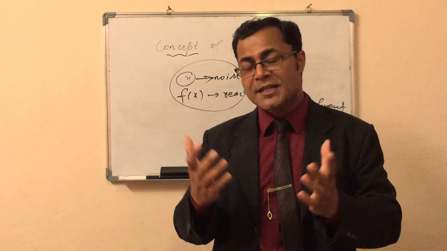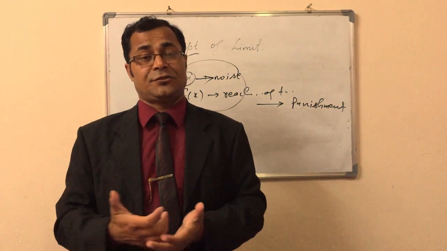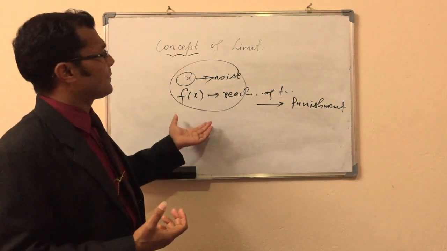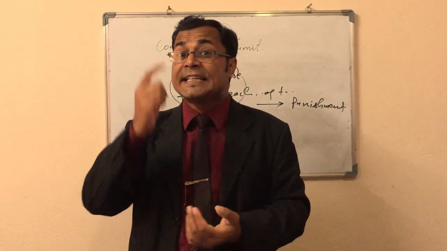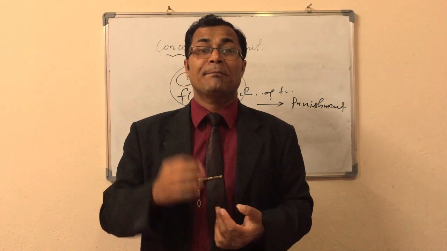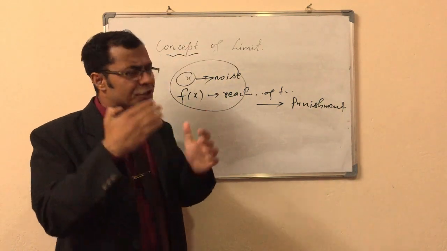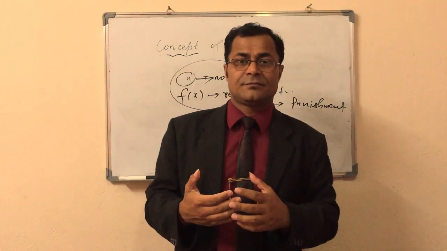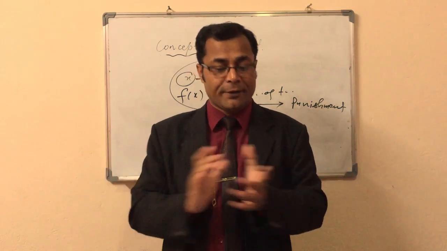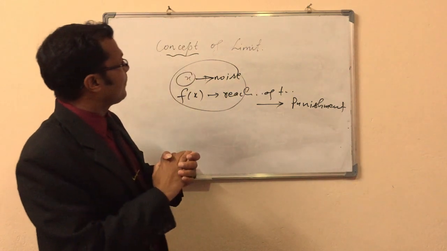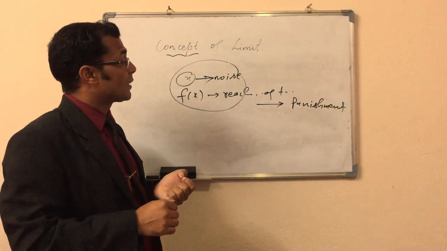So you can imagine, without limit, nothing exists in this universe. Just try to accept limit as a practical approach. It is made for human life. It is just the mathematical way to interpret life. So limit is everywhere. Hope you got the concept of limit and how it is associated with our life.